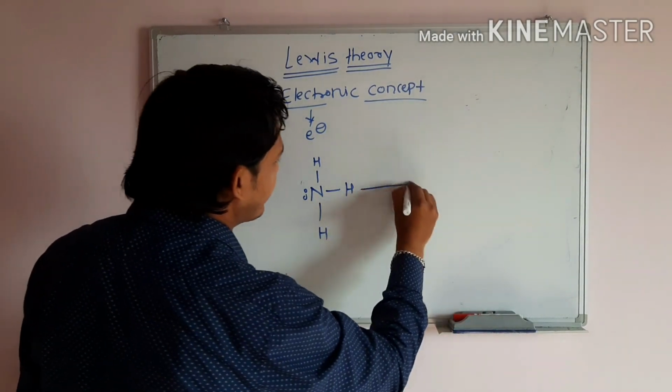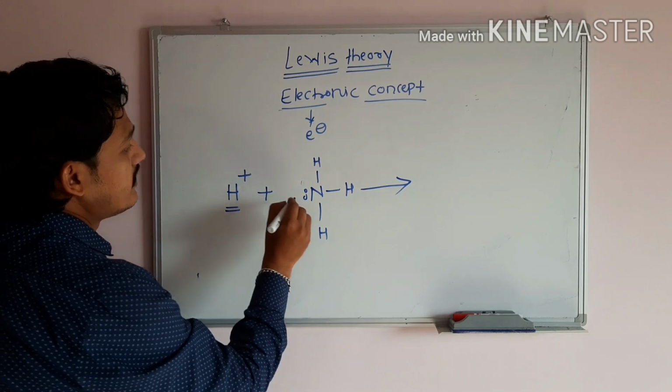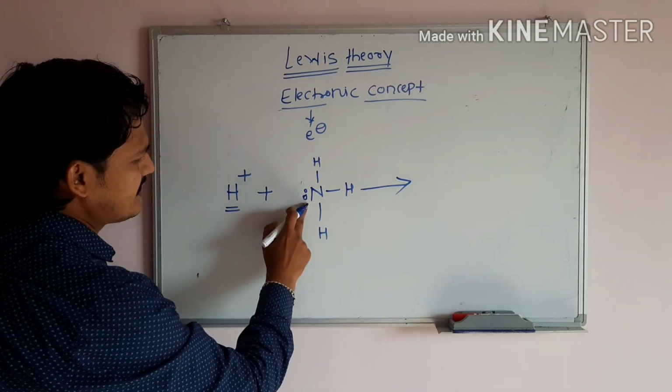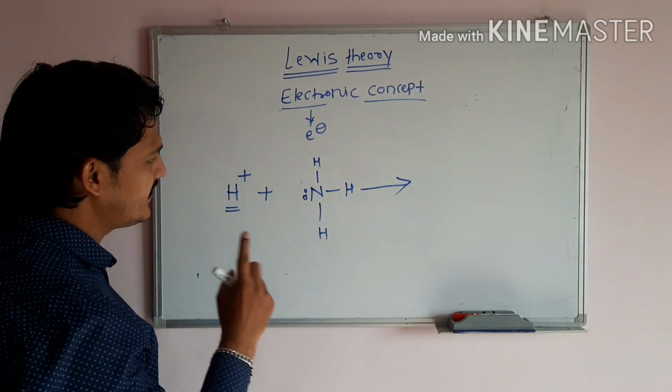So here, nitrogen contains a lone pair of electrons, that is one lone pair, two electrons.